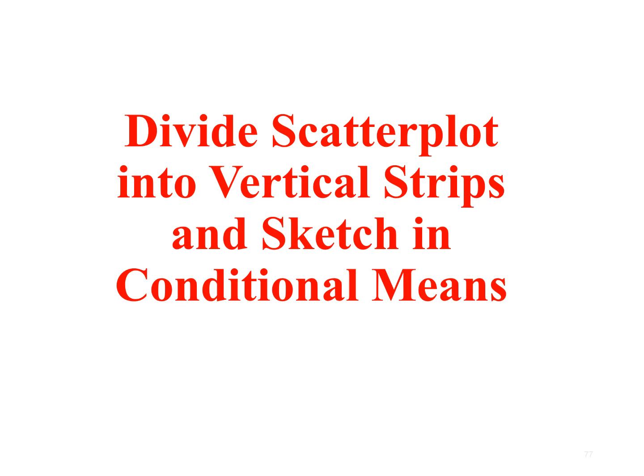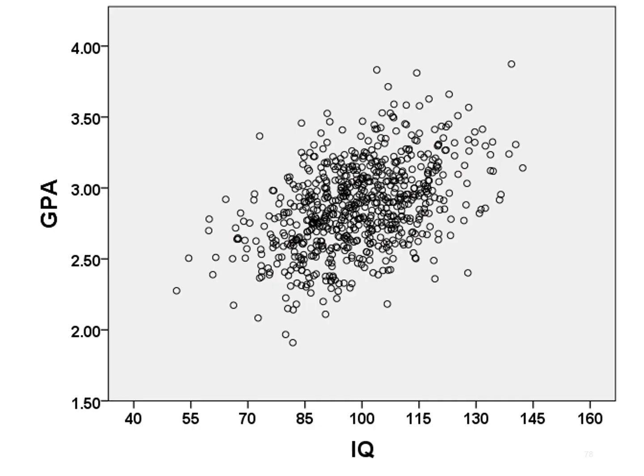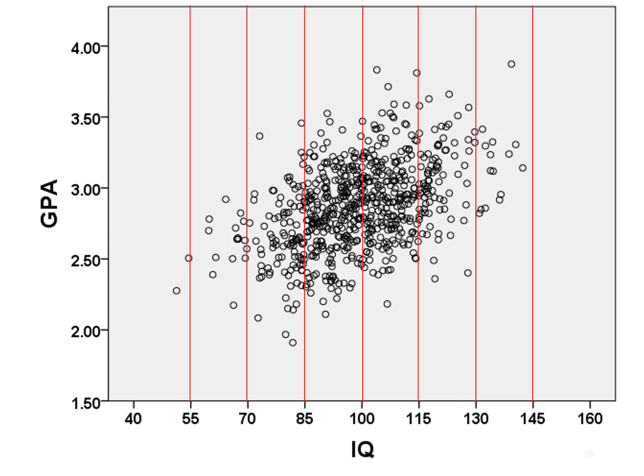One thing we can do is divide the scatterplot into vertical strips and sketch the conditional means. So we take our scatterplot and divide it into sections. Once we have the sections, we find the conditional means.